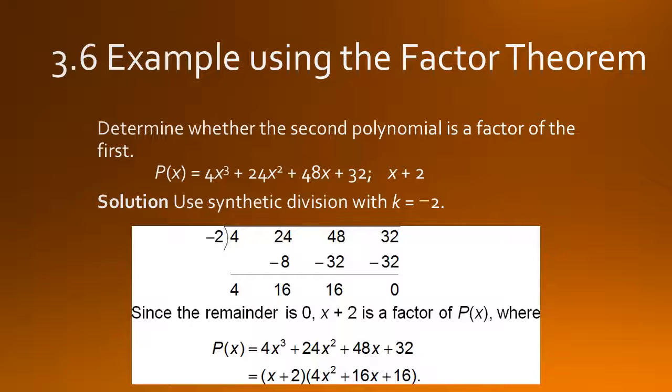So we have that when you divide x plus 2 into 4x to the third plus 24x squared plus 48x plus 32, you get a result of 4x squared plus 16x plus 16, which means that x plus 2 times 4x squared plus 16x plus 16 equals 4x to the third plus 24x squared plus 48x plus 32.